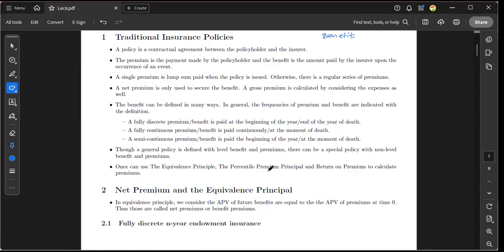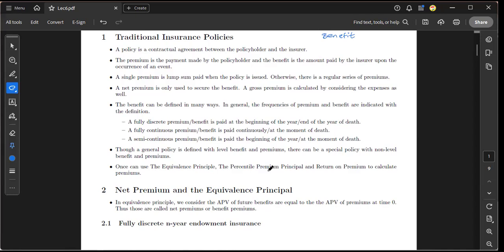So if you are using the $1 assumption for level benefits, you can assume that the benefits are $1 and the premiums are also $1. Calculate the present values and then multiply by the actual premium, so that you get the actual premium payment present value. And if you multiply it by the actual benefits, you get the actual benefit present value.